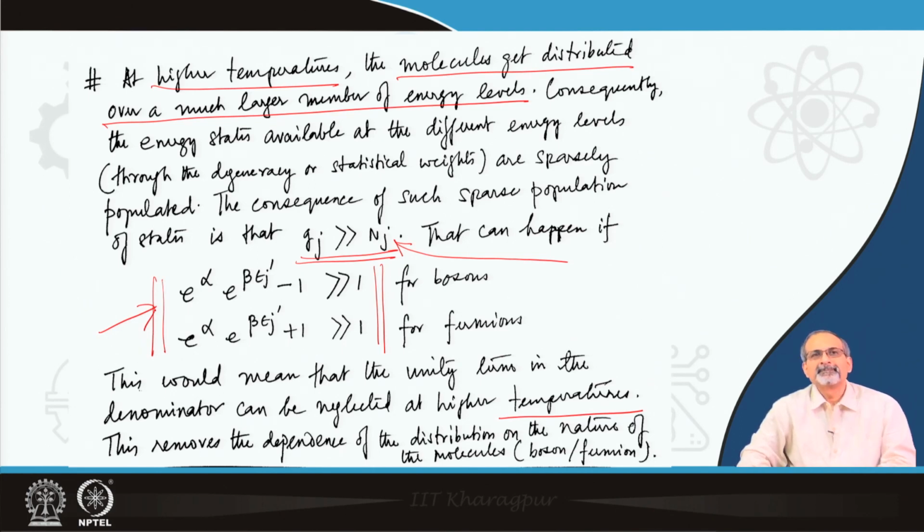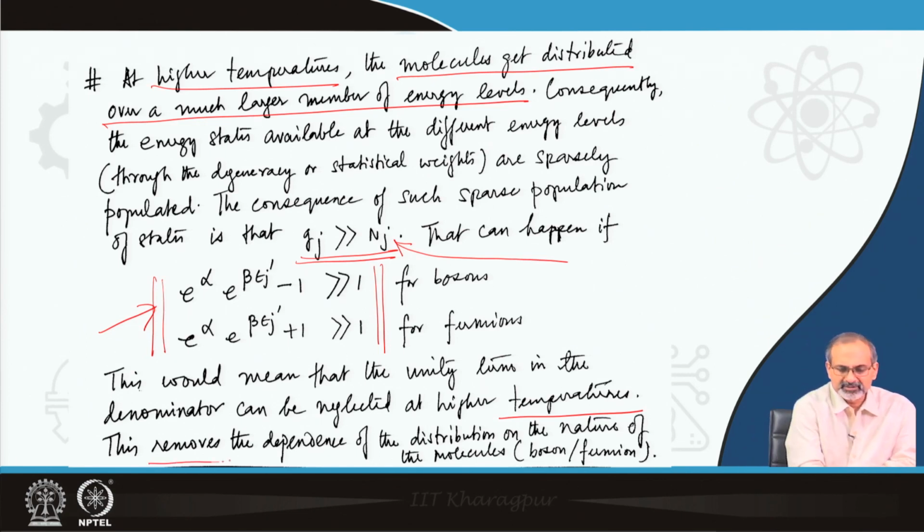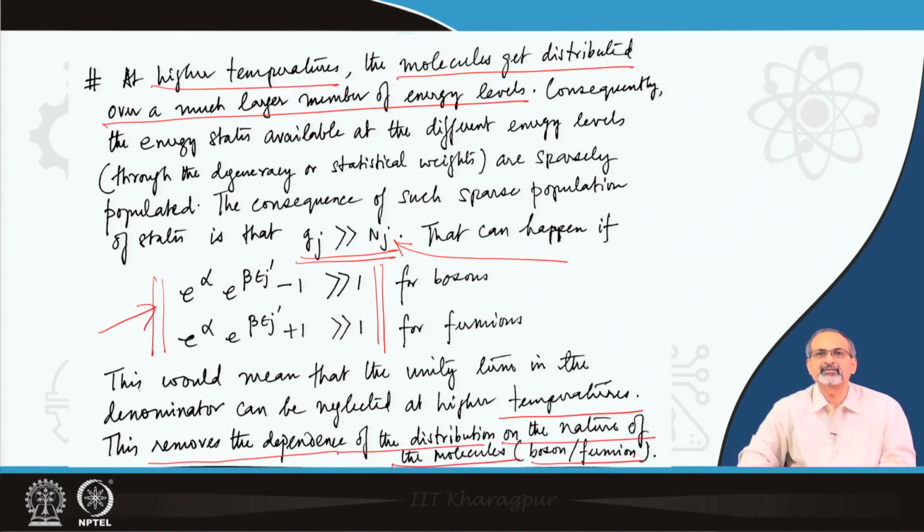That is why at higher temperatures we are able to find that the unity term does not make much of a difference, while at low temperatures it does. So, at higher temperatures, since it removes the dependence of the distribution on the nature of the molecules, you would not be able to distinguish the statistics of bosons and fermions essentially.